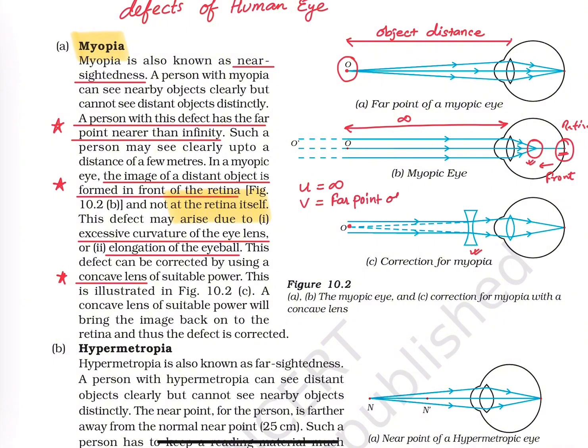Far point of myopic eye. And in this way, we can calculate the focus of the correction lens.